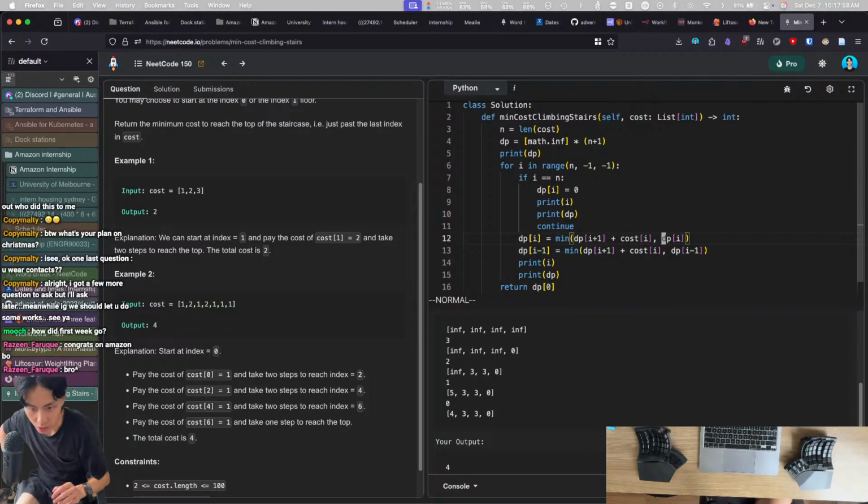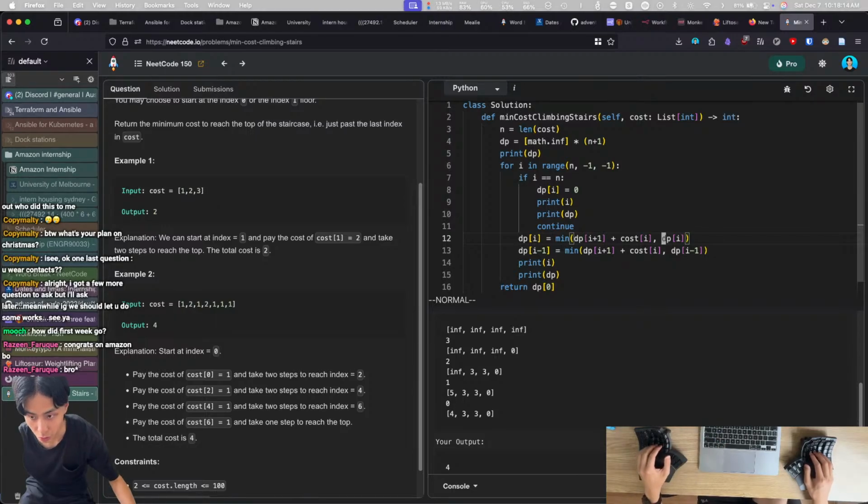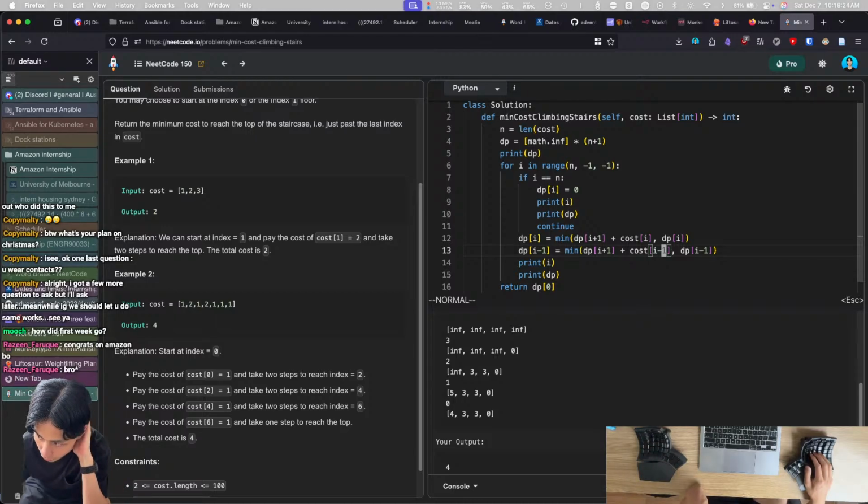And then the one next to that, i minus 1, is going to equal the cost plus the cost of i. Should I say the cost of negative i? Alright, dp.